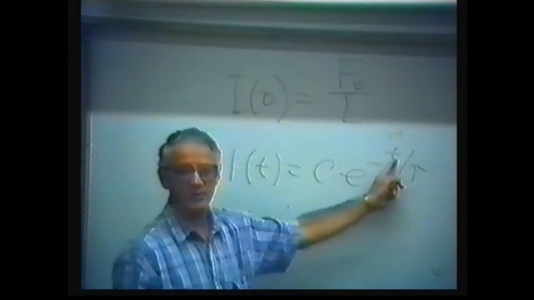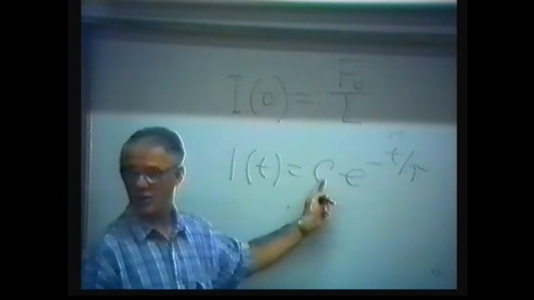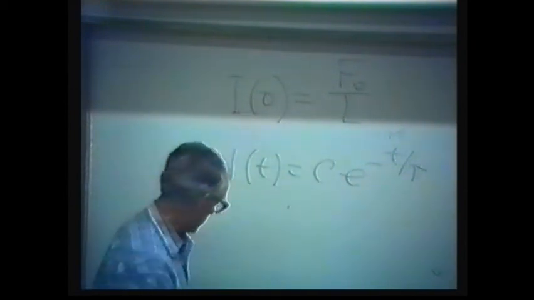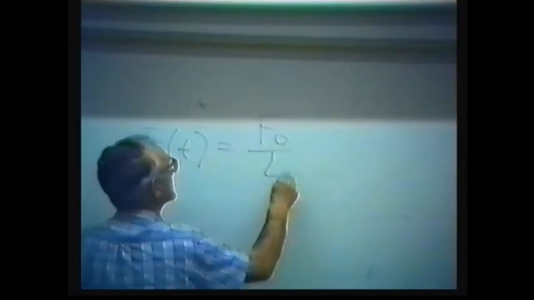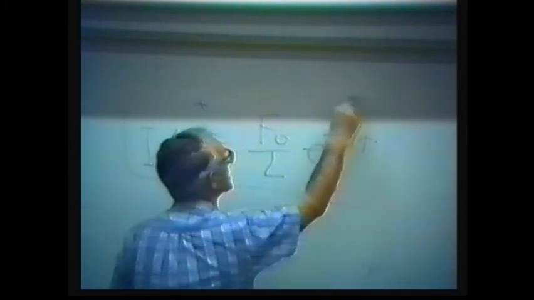At the moment T equals 0, current must be equal constant. Therefore, the final result is: current at any moment equal F naught over inductance, T minus tau. And our small, very useful problem is solved.